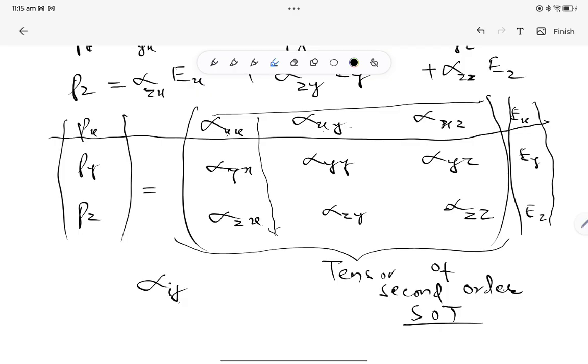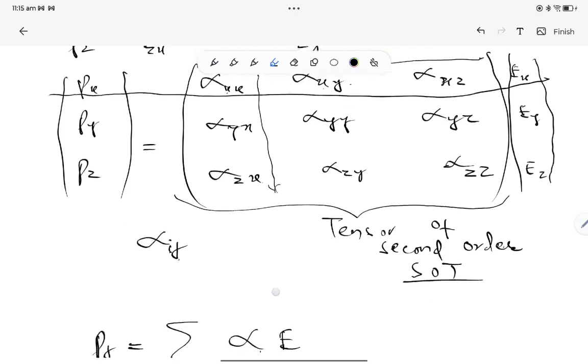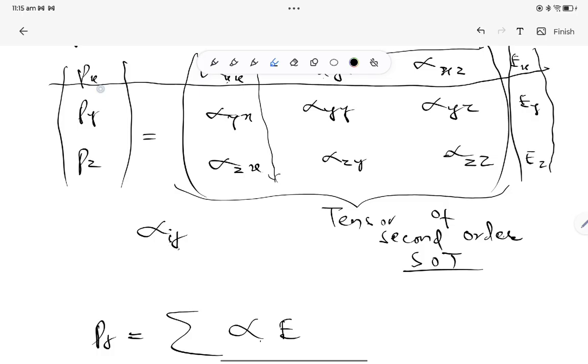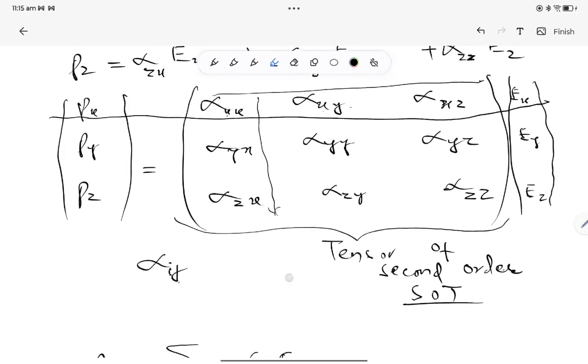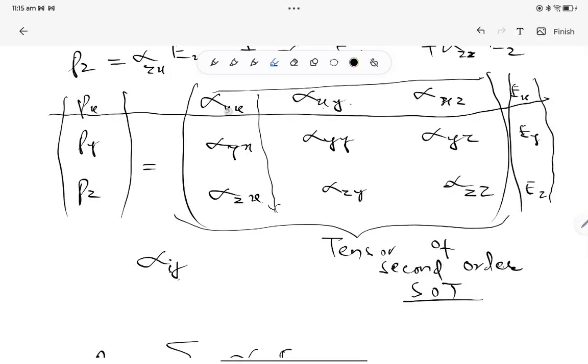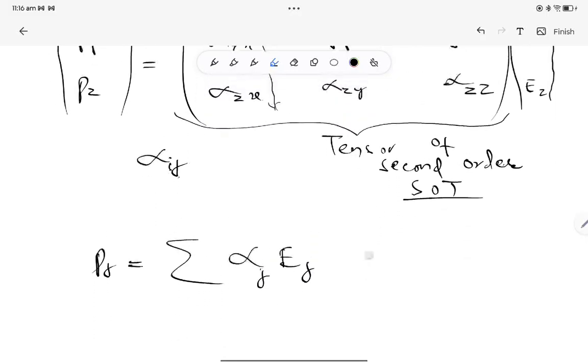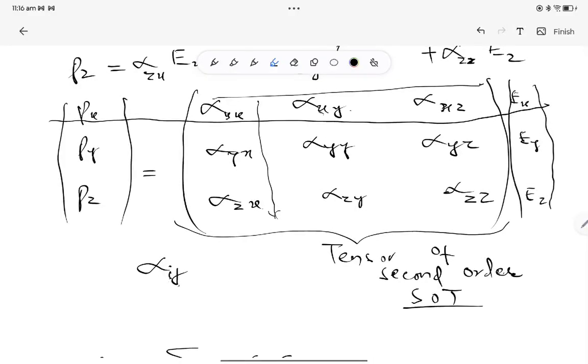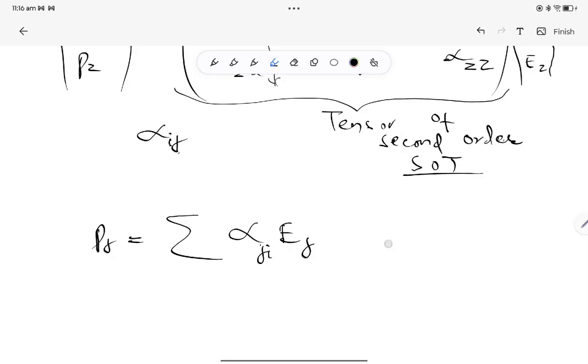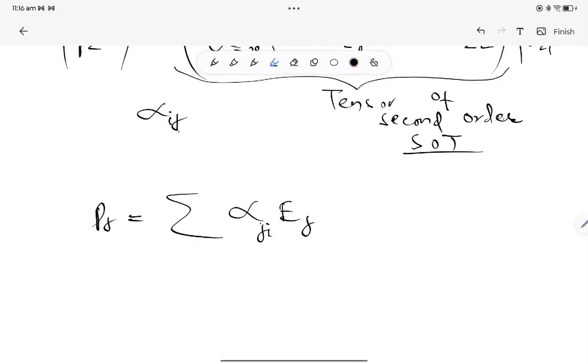In this component, I am demanding the j component. That means my first index is j. This first index is preserved throughout. So this will be j. Second index, that is x, y, z, that changes. This is the jth component. I request you to remember this. Please remember this and understand it.